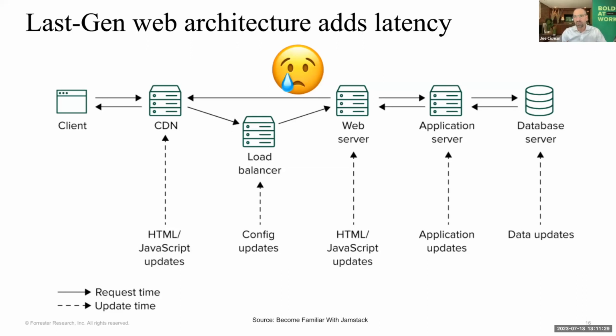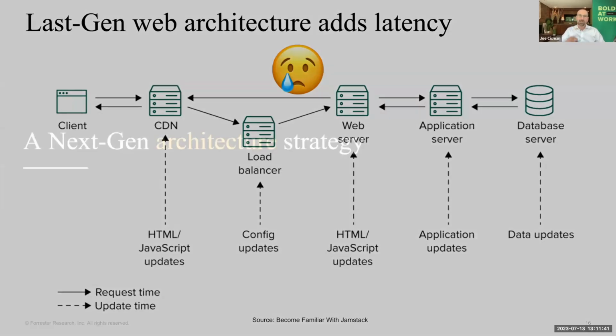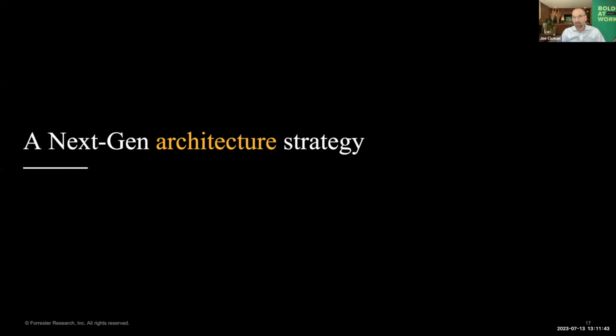And communication among all these servers takes time, and it adds latency. And often you could have cache servers introduced to reduce that latency, but the trade-off for that is added complexity. Let's go to the next slide. So you need to know about a better way. You need to know about a next generation technology strategy. Let's go to the next.